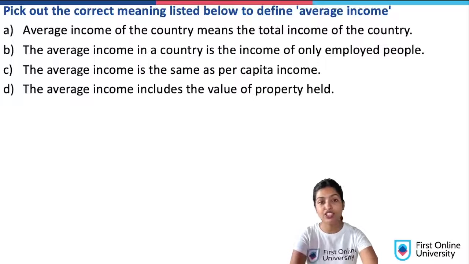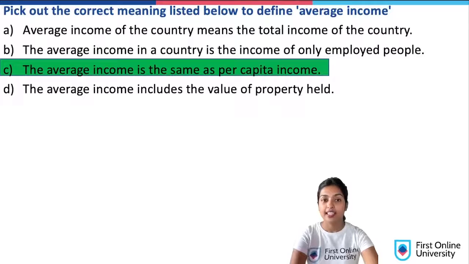D. The average income includes the value of the property held. The answer is that average income is defined as the same as per capita income.